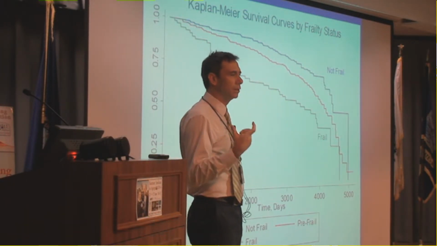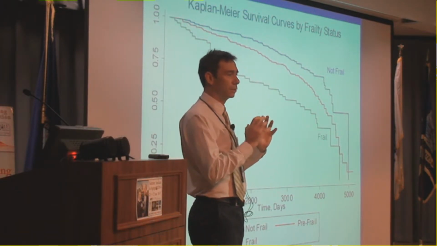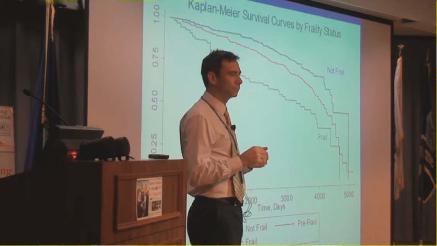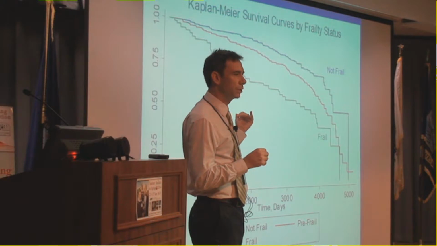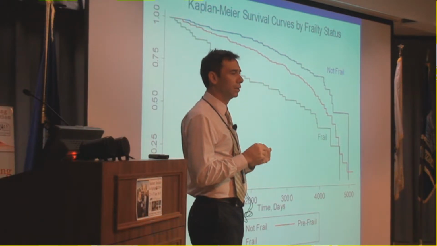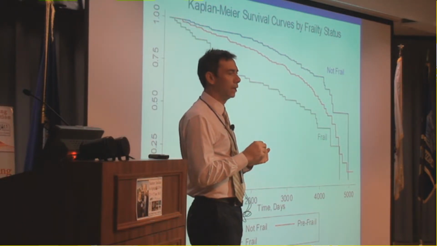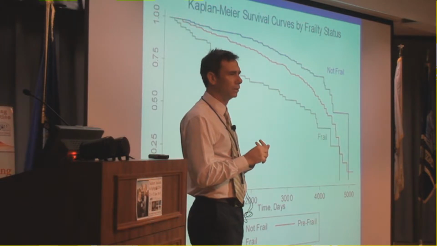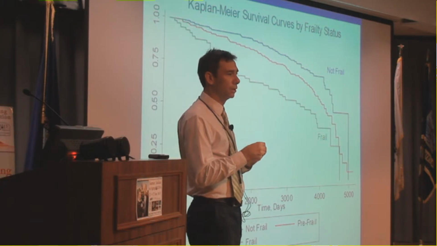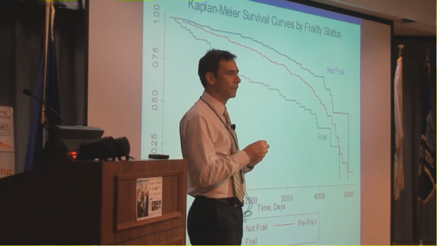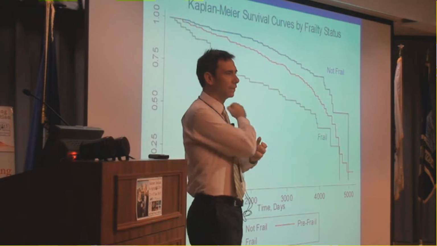There are different scores, but the one they used has criteria such as how fast a person can walk, grip strength, and whether they have other comorbid conditions. So there are specific criteria.